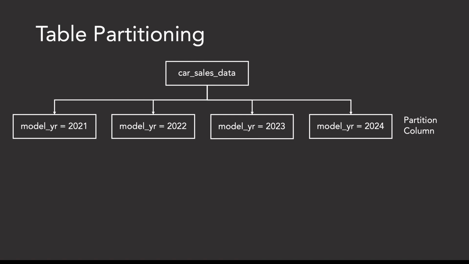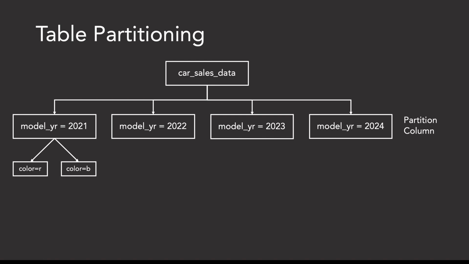For example, this particular data set would contain cars for the model year 2021. This will be for the model year 2022, 2023, 2024. So these are smaller data sets. This is the entire data set. Maybe if you consider the size of each partition is 2 terabytes, then car sales data by itself is 8 terabytes. But individual partitions are smaller, maybe 2 terabytes in size.